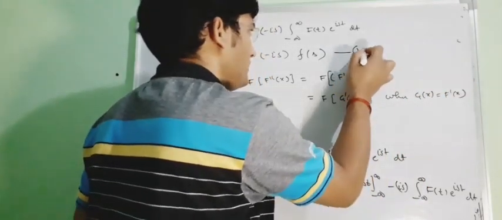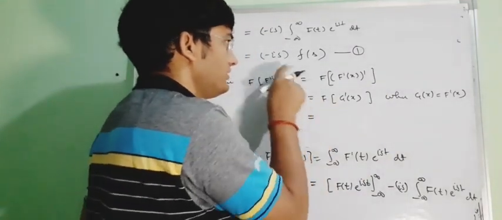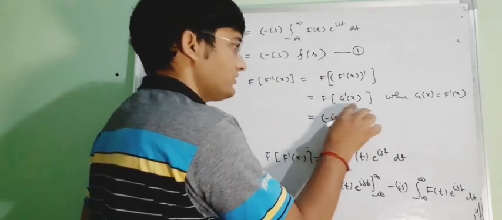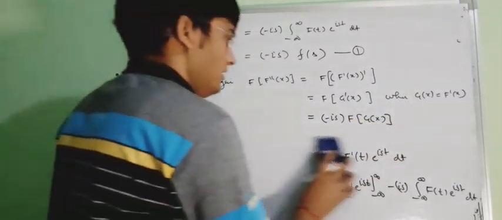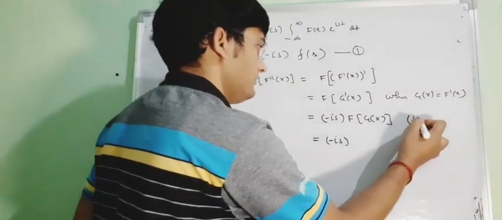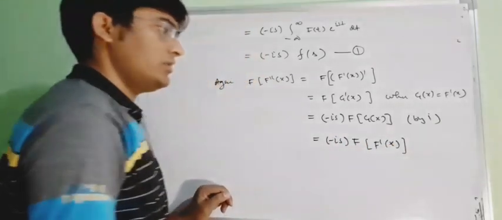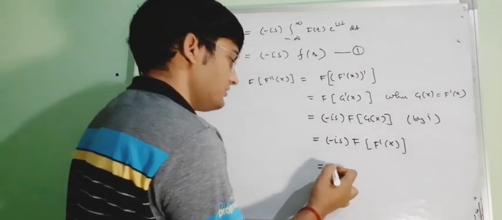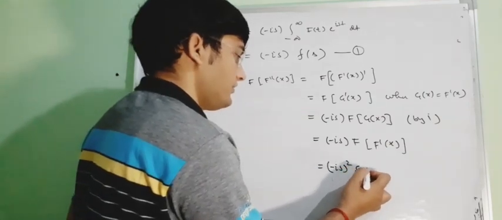So now using formula number 1, the Fourier transformation of the derivative of some function is equal to minus is times the Fourier transformation of that function, that means the Fourier transformation of g(x). Now g(x) is f'(x), so we will get the Fourier transformation of f'(x), and again the Fourier transformation of f'(x) is equal to minus is, so we will get (minus is) whole squared into f(s).